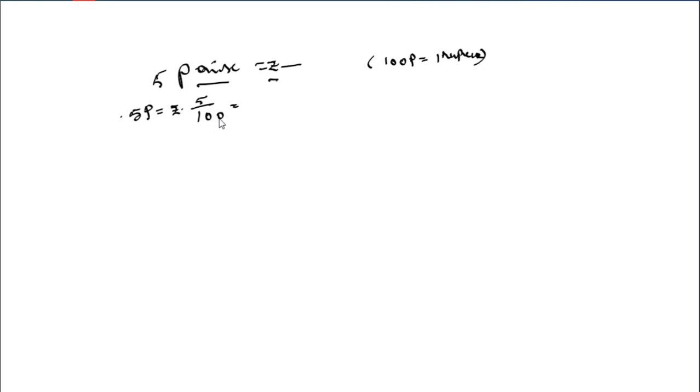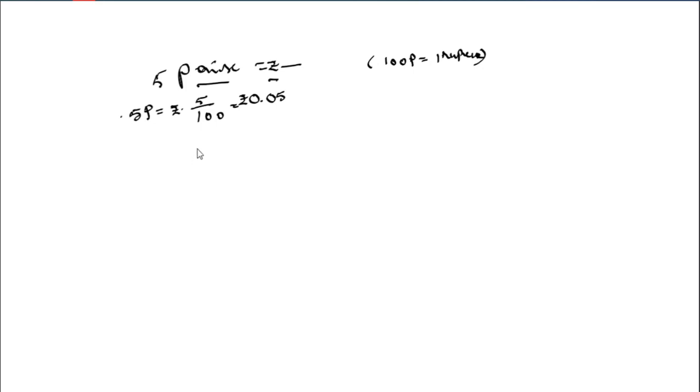Here over 1, how many zeros are there? 2. So 5: count 2 digits from the right side. 1, there is no digit, put 0. 2, put 0. Count 2 digits, 1, 2, put the decimal point. So that means 0.05 rupees.